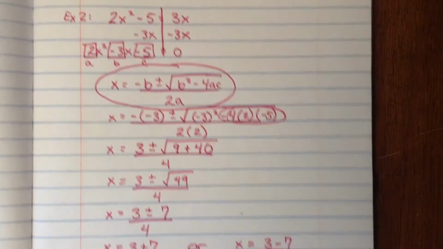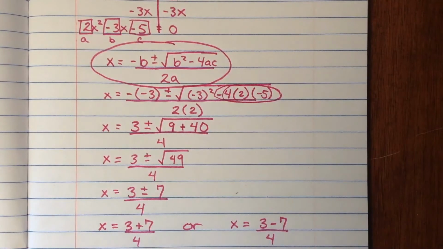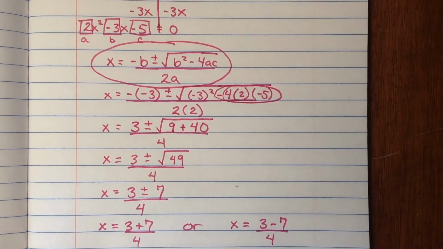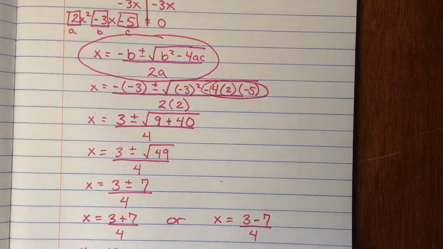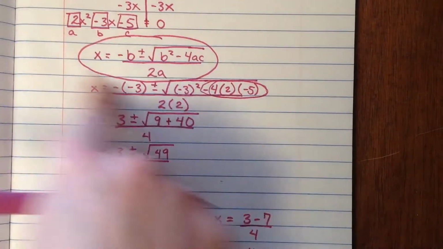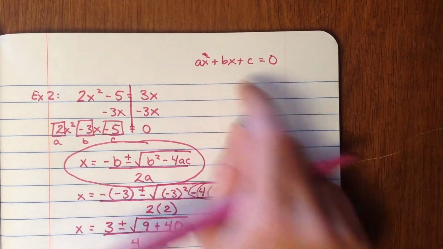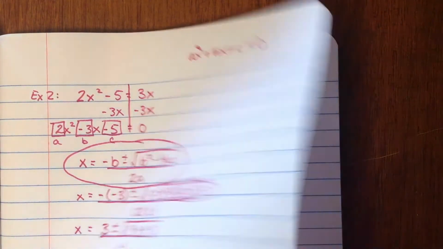Actually, this formula will even work for questions that were factorable. We could have used this last week. It's a little easier since we already knew factoring, but this formula works for everything that is in this form, everything that would be in quadratic standard form.